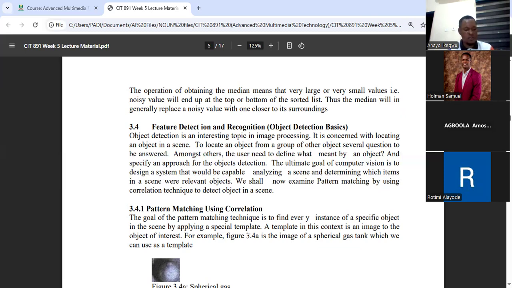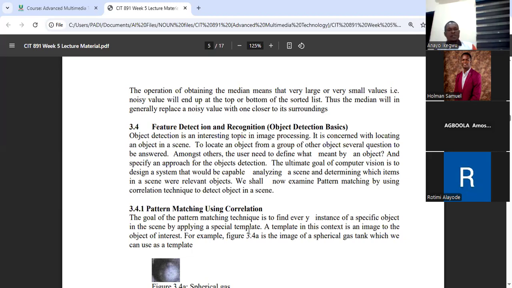When it comes to image processing, object detection is very, very important. We can now deduce that the ultimate goal of computer vision is to design a system that would be capable of analyzing a scene and determining which items in the scene are relevant objects.